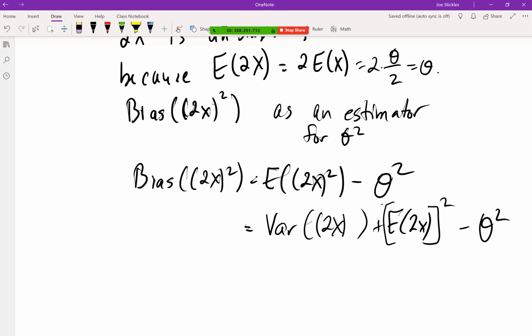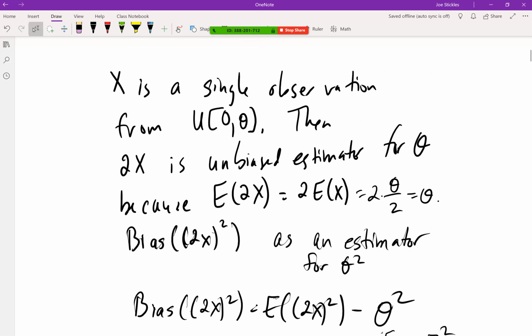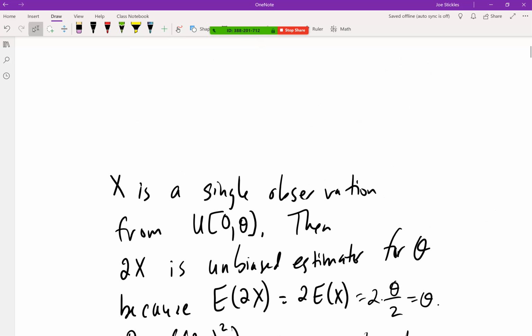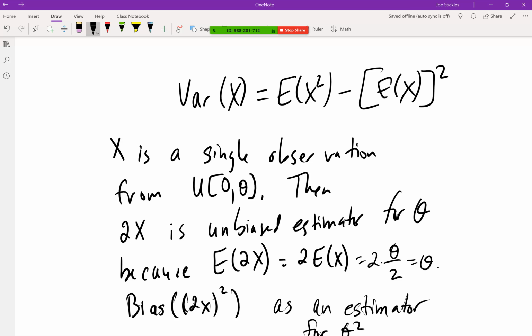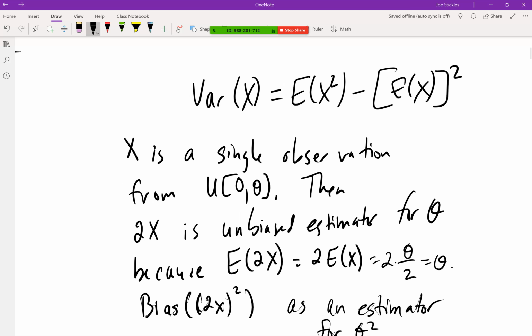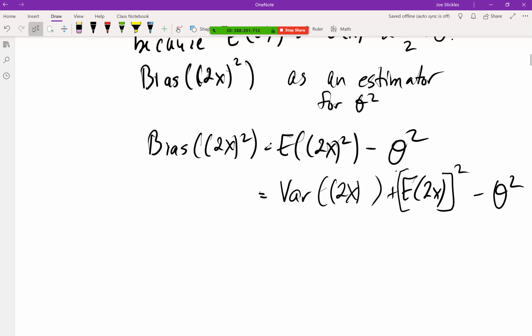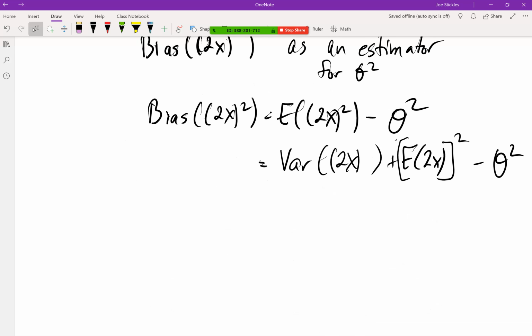Remember that our variance formula just for x is expected value of x squared minus expected value of x quantity squared. And we're replacing the x with 2x. Okay.